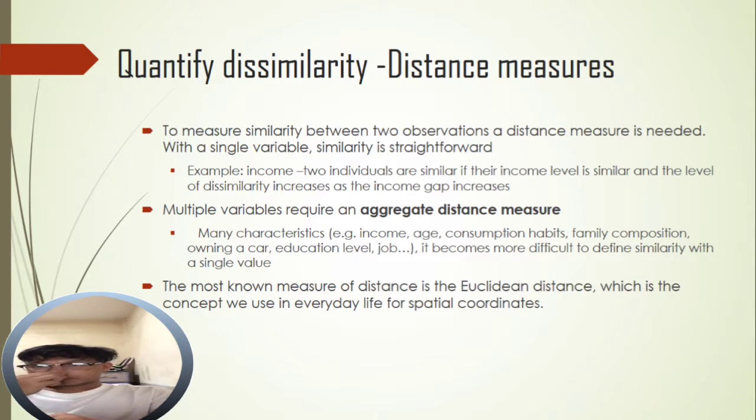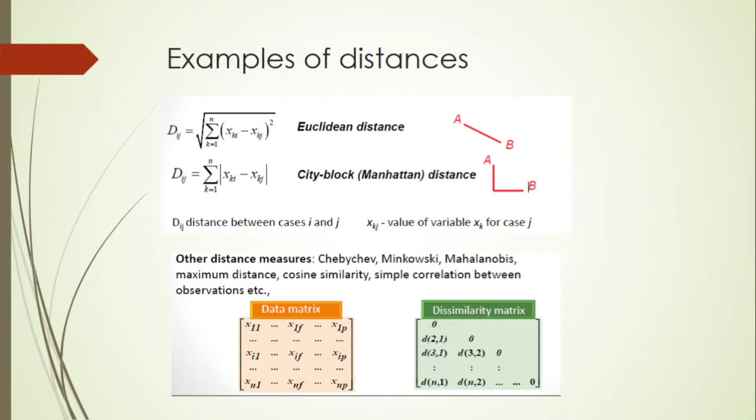So, it becomes more difficult to define similarity with a single value. So, ayun, yun ang multiple variables required sa aggregate distance measure. So, the most known measure of distance is the Euclidean distance, which is the concept we use in everyday life for spatial coordinates.